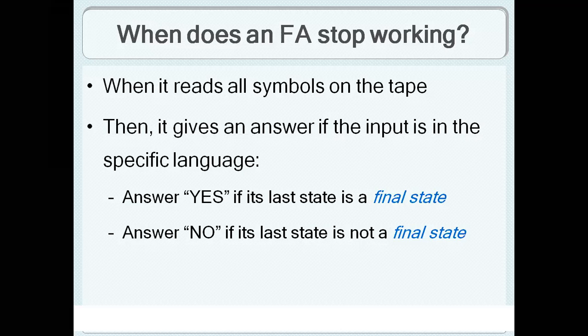So what is NFA? A finite automaton in which from each state on each input symbol there exist zero or one or more transitions is called a non-deterministic finite automaton. A finite automaton in which from each state on each input symbol there exists exactly one transition is called a deterministic finite automaton.